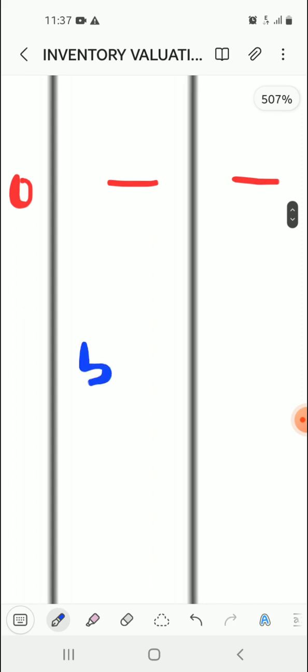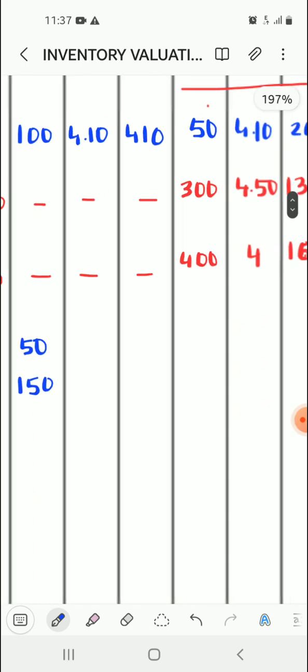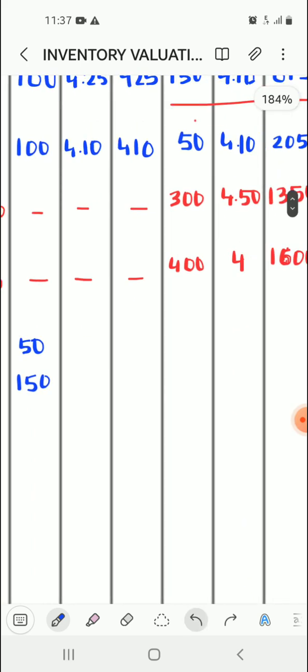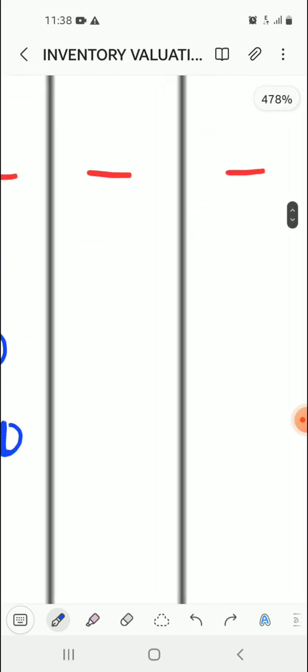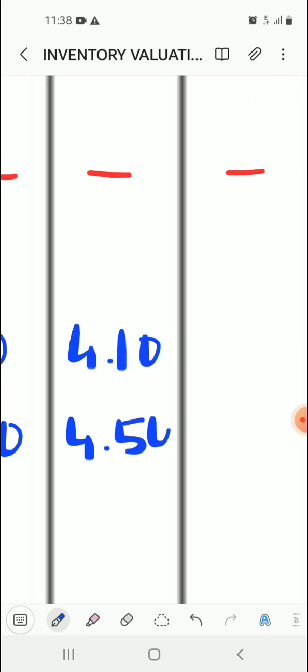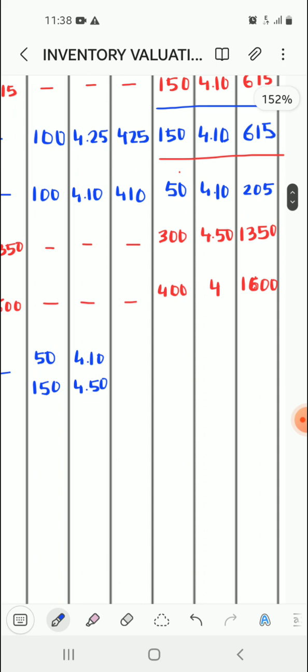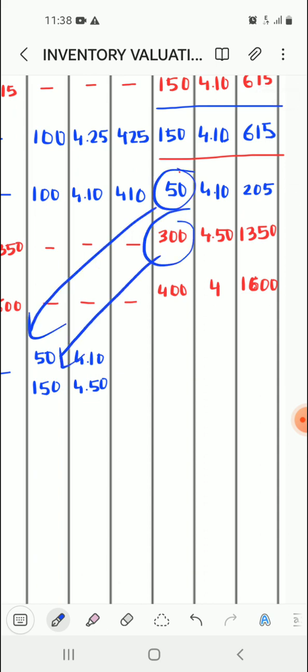That will be 200. We are going to write 50 and we are going to write 150. 50 of the previous lot, that is a 4.10 category, and the next one is of 4.50 category. The rest 150 from the next lot, this price written over here and this price written over here.